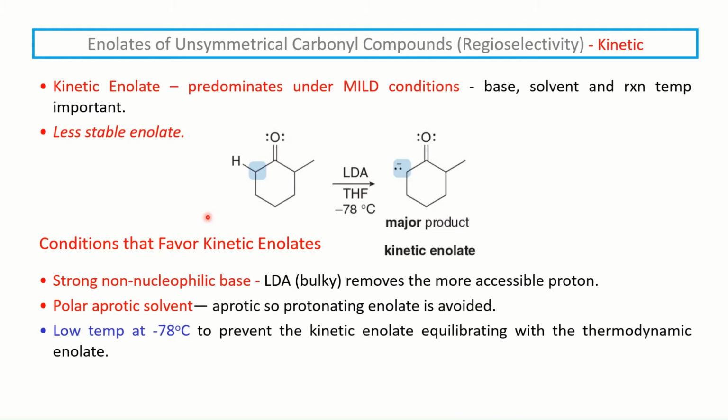What is mild? We need a polar aprotic solvent, a non-nucleophilic base like LDA, and low temperatures. Minus 78 degrees Celsius is ideal, because this prevents the kinetic species from equilibrating with the thermodynamic species. So LDA with THF at low temperatures gives kinetic.